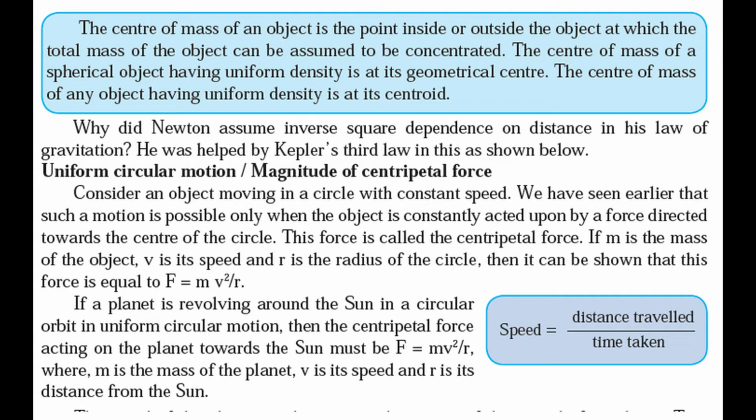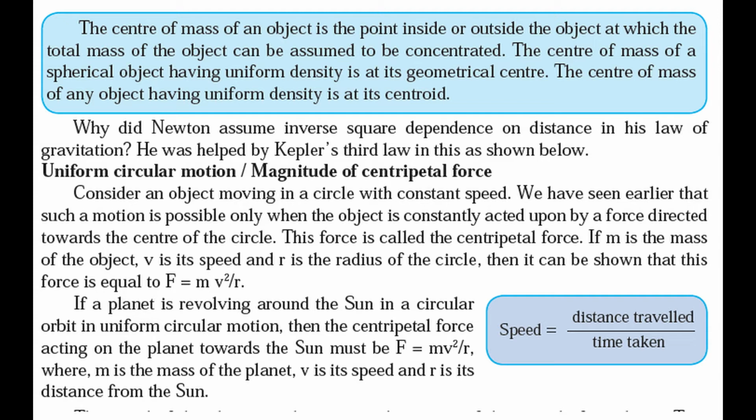Consider an object moving in a circle with constant speed. We've seen earlier that such a motion is possible only when the object is constantly acted upon by a force directed towards the center of the circle, and we've called this force a centripetal force.